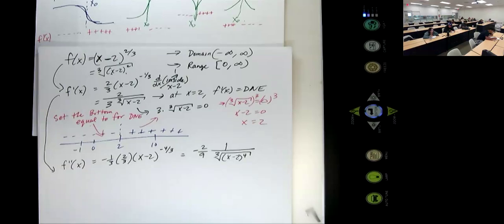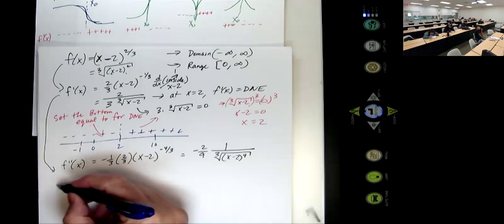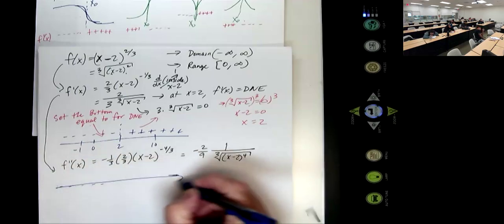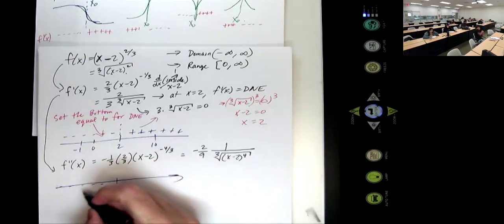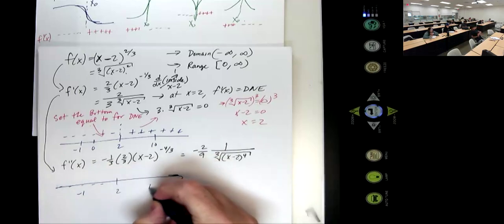Again, and for the same reasons, x doesn't equal 2 in the second derivative. That becomes our switch point for concavity. So I'll try -1 again and 10 again.